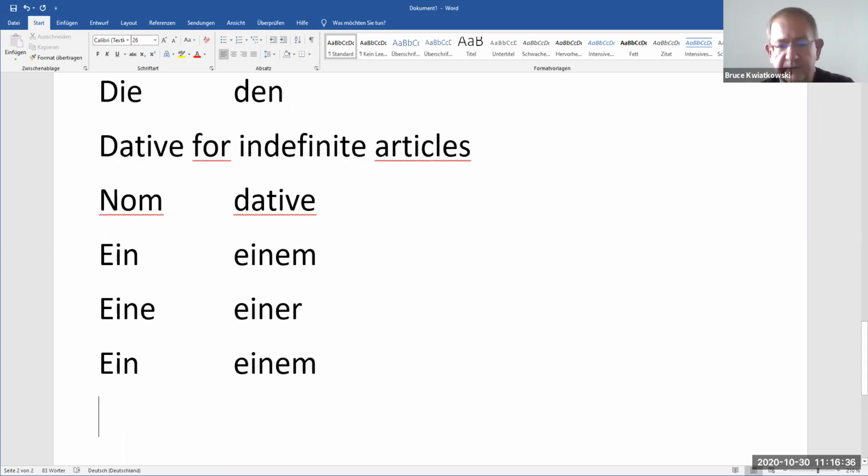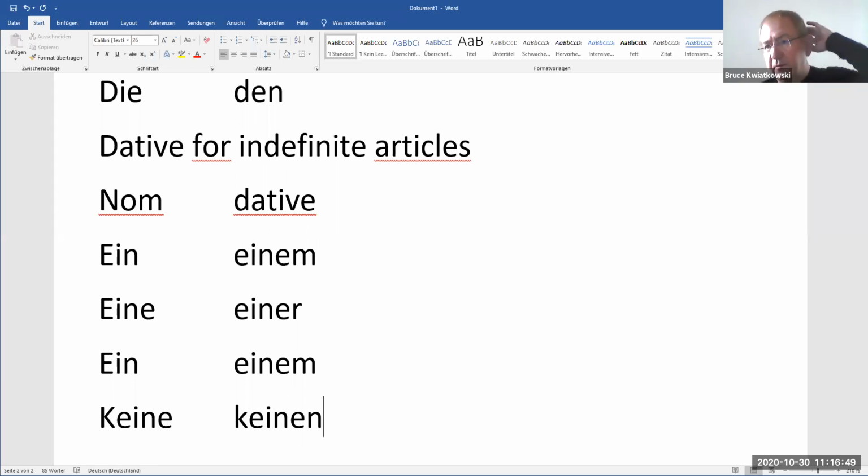And then, of course, we have kein for the indefinite articles, keine, and that's going to become keinen. Okay? And also remember, for dative plurals, you add an N to the plural of the word if you can, when it's in the dative case.